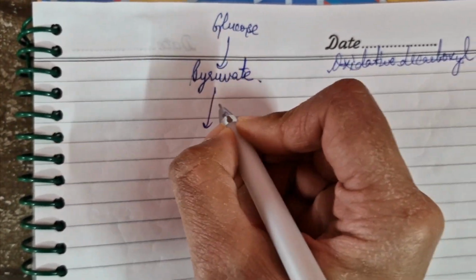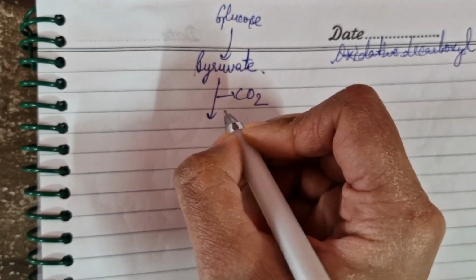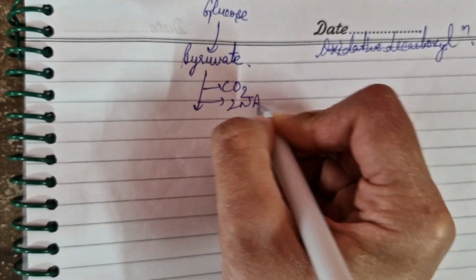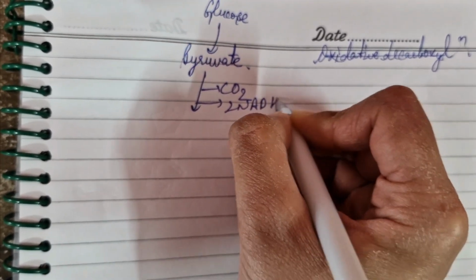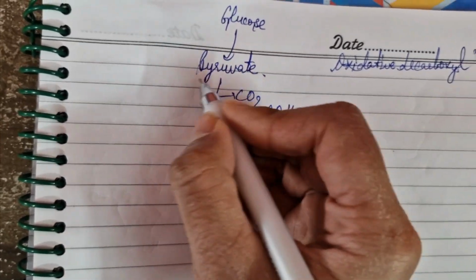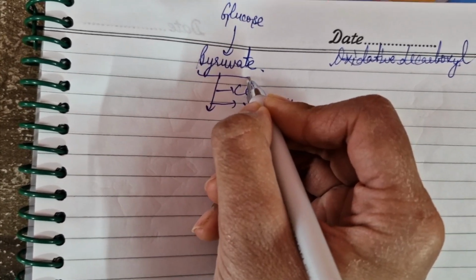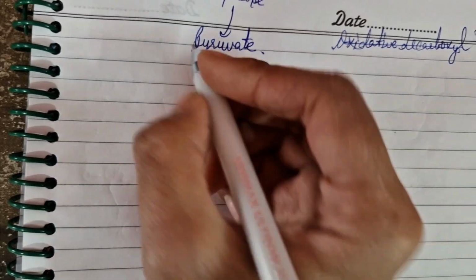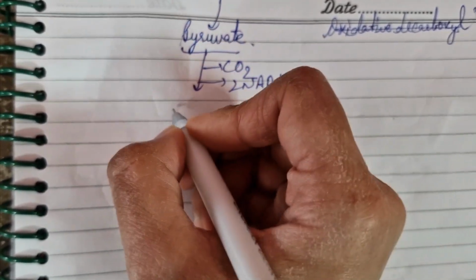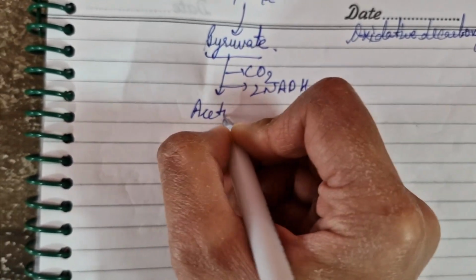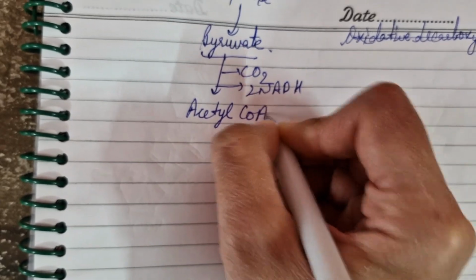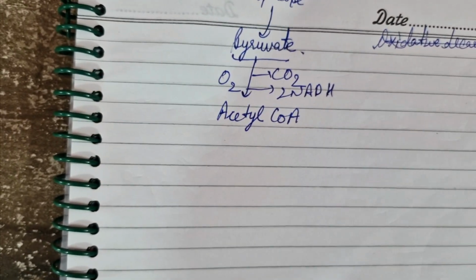In which one CO2 molecule and 2 NADH molecules are evolved, and pyruvate gets changed into acetyl coenzyme A in the presence of oxygen.